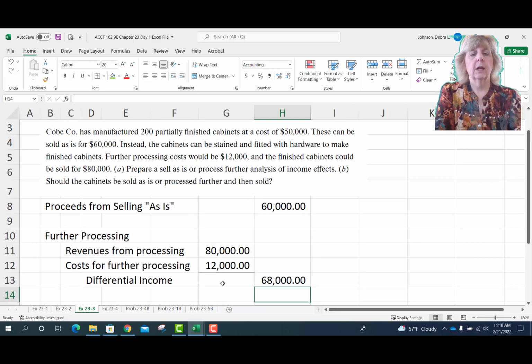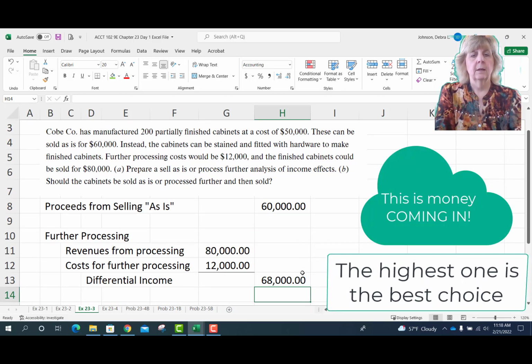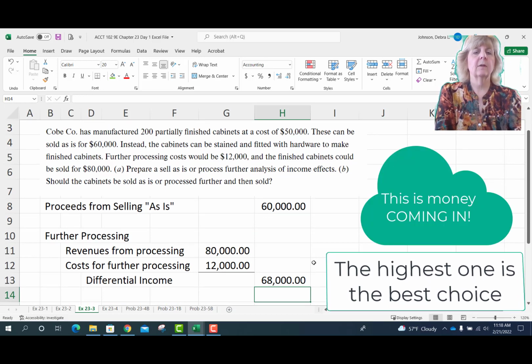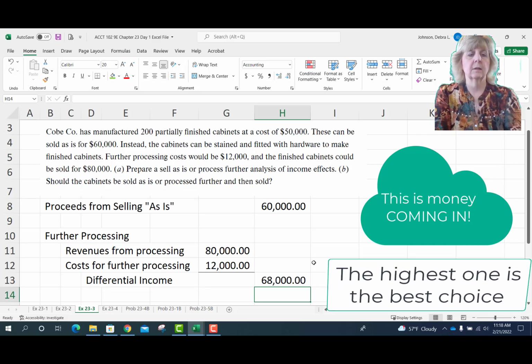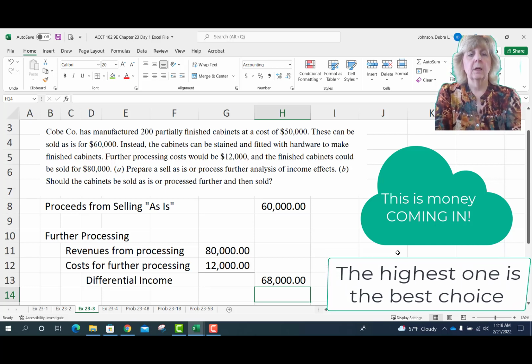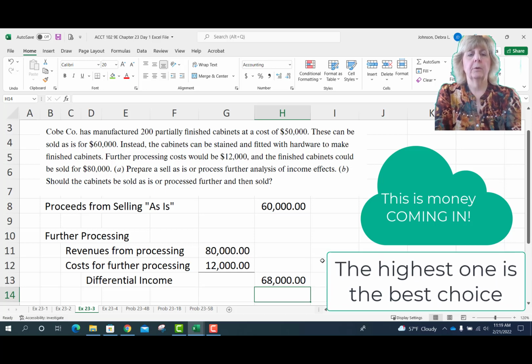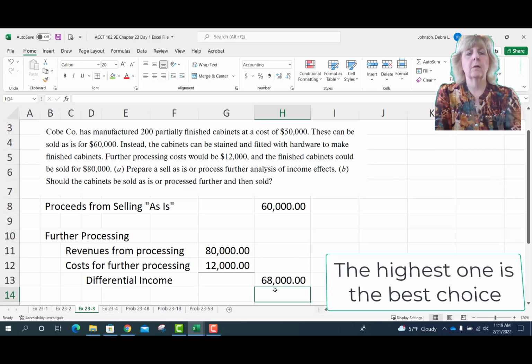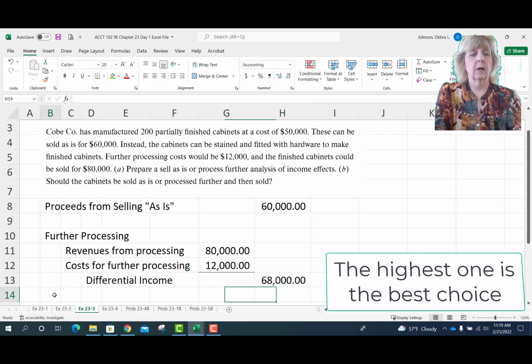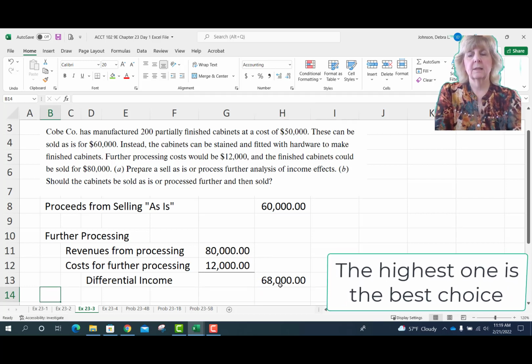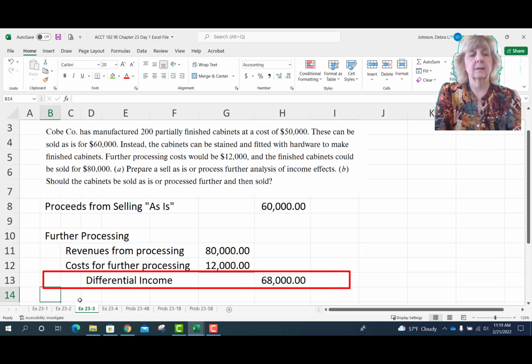So now we are looking at money coming in. Instead of looking at costs like we did on the previous two exercises with outflows, now we're looking at inflows. And so we're looking for the higher of the two. And so the best alternative between these two items would be $68,000 from processing.